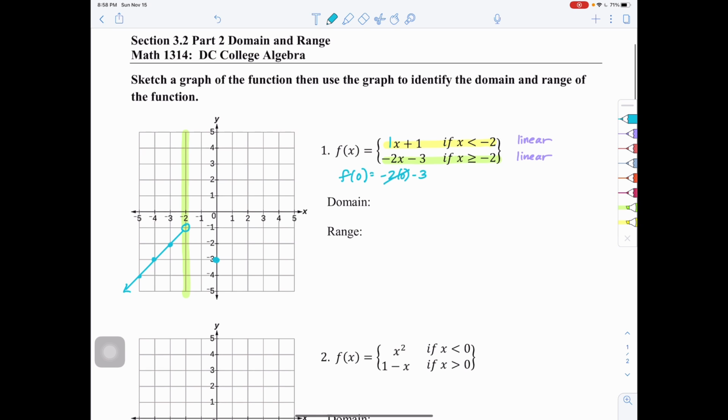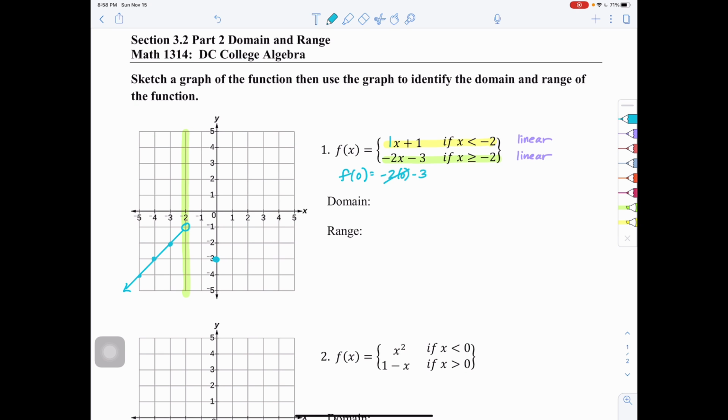And then we have a slope of -2. So it's down 2 over 1, or you can also go up 2 and to the left 1, up 2 and to the left 1. And here we want to include that point.